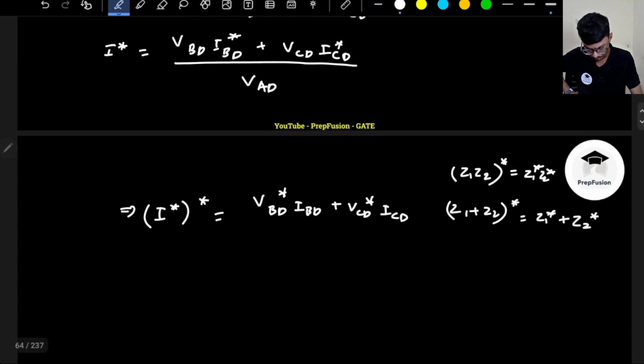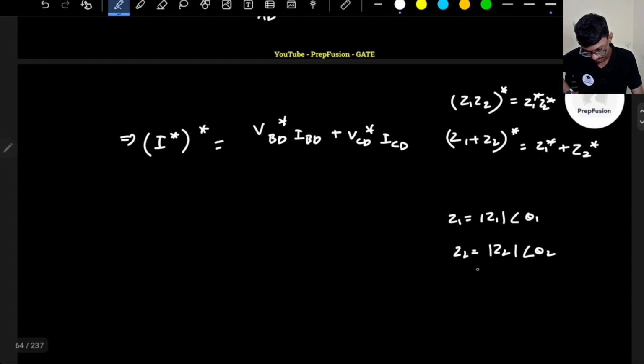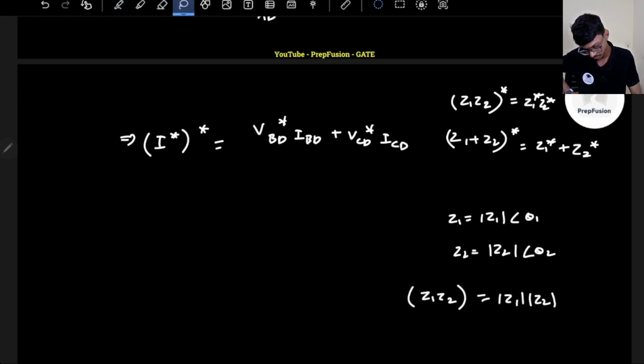Can I prove it? Yes, you can. Let's assume that z1 is magnitude of z1 angle theta 1 and z2 is magnitude of z2 angle theta 2. Now if I multiply these two numbers, z1 z2 will be magnitude of z1 into magnitude of z2, angle theta 1 plus theta 2.